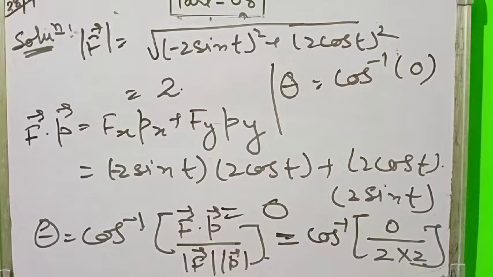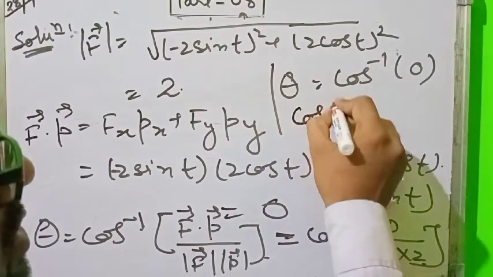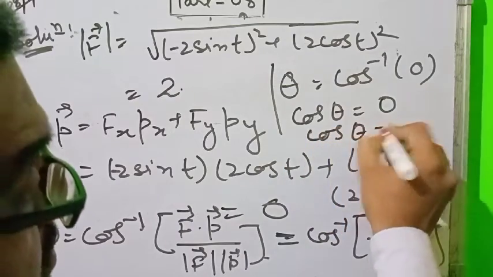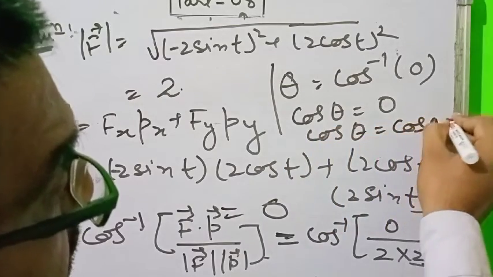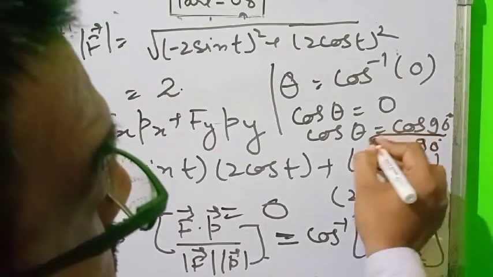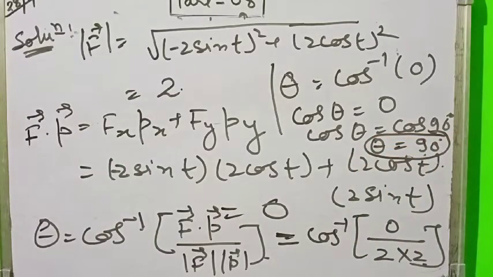And what is the value of cos inverse 0? It means cos theta is equal to 0, and it is possible when theta is equal to 90 degree. So in this case, F and P, both vectors, force and momentum vectors, are perpendicular to each other, or orthogonal to each other.